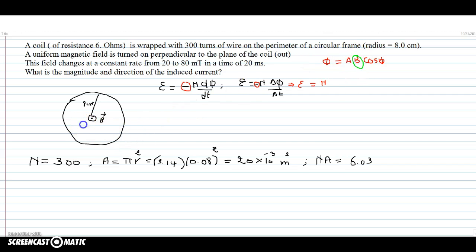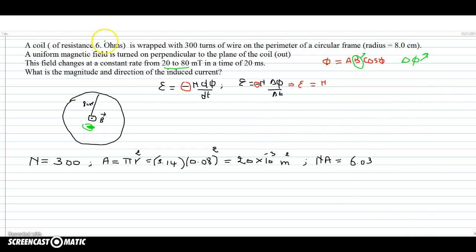The area vector A is out by convention, normal to the surface, and B is out, as given. Also notice that the field changes from 20 to 80, so B increases, which means the flux will increase. It's very important to recognize this. The flux in the circuit will increase, going from 20 to 80 millitesla.